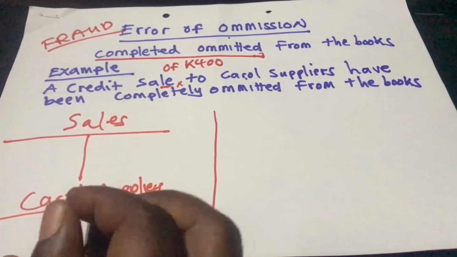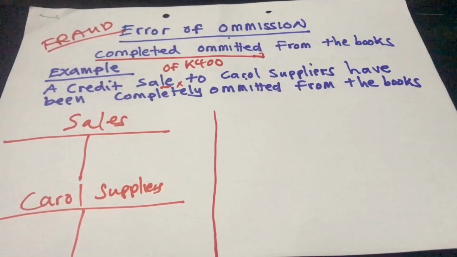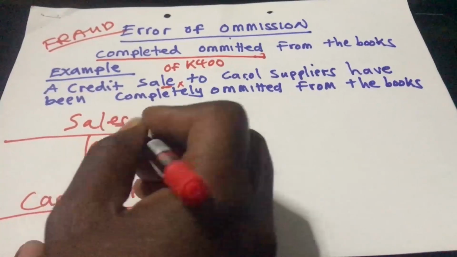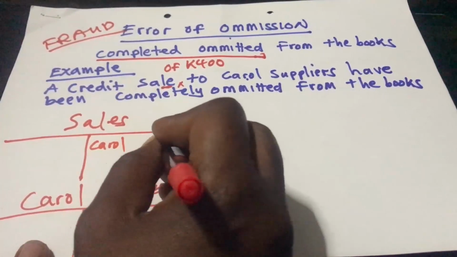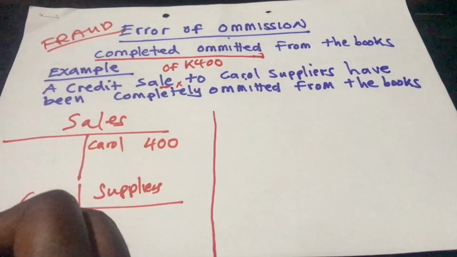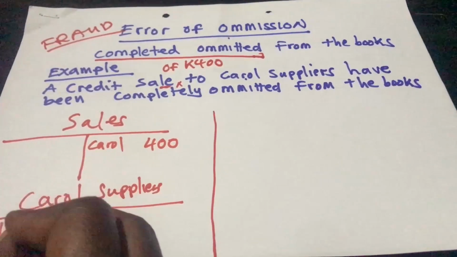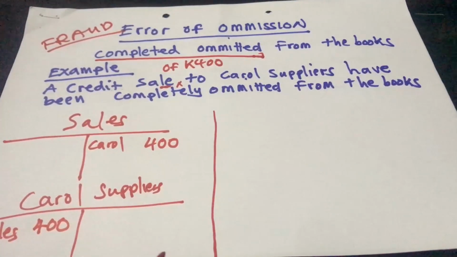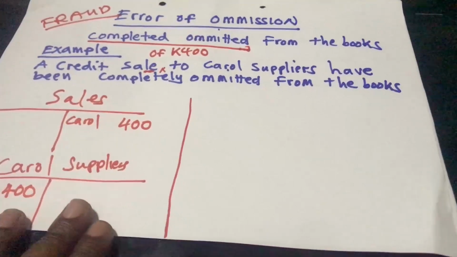Okay, so the wrong transaction was that nothing was recorded. So what you would want to do is to go ahead and record. So you are going to record sales Caro 400. Then in Caro's account, you are going to write sales 400. So now you have balanced.